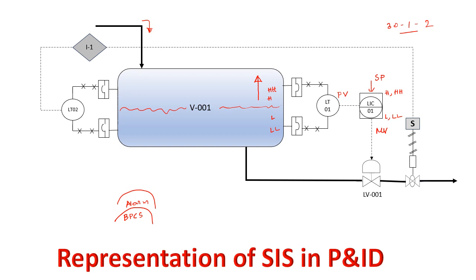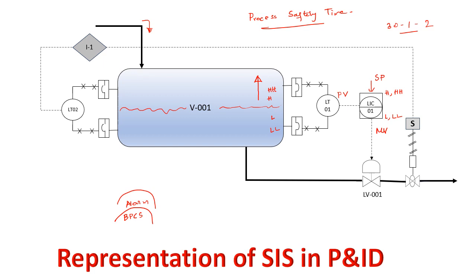In other cases, the disturbance may be so large that the operator has no time to respond, and before the operator responds, the event has already taken place. So this is a concept called process safety time. What is process safety time? When there is some abnormality, it is the time within which you should respond to bring the process back to the safe state.